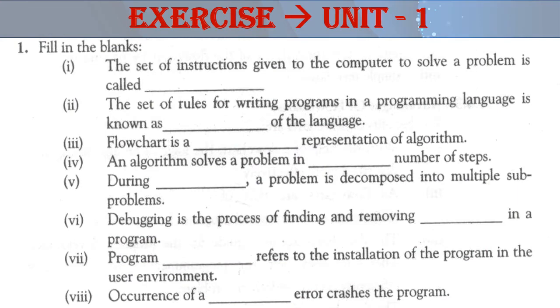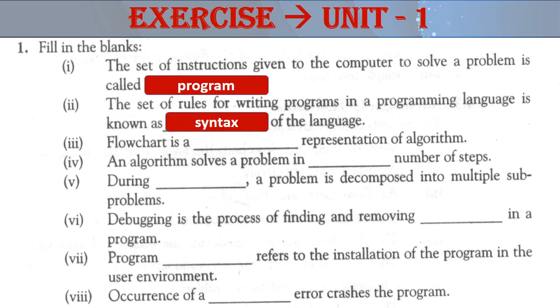Question number 1 is fill in the blanks. The set of instructions given to the computer to solve a problem is called program. The set of rules for writing programs in a programming language is known as syntax of the language. Flowchart is a pictorial representation of algorithm.